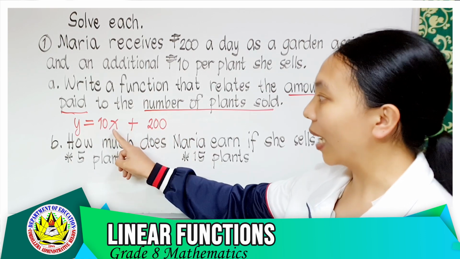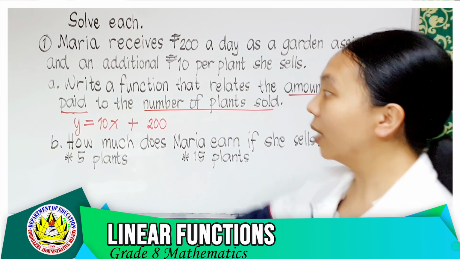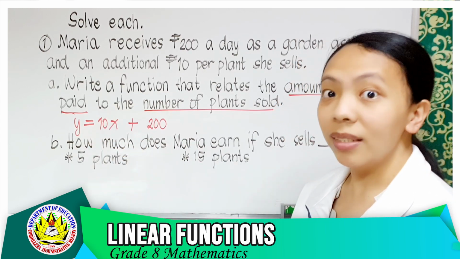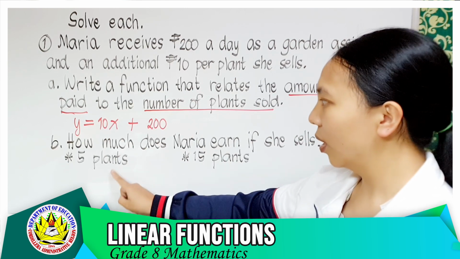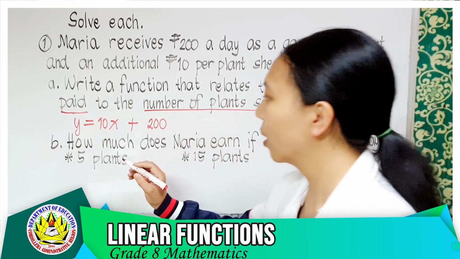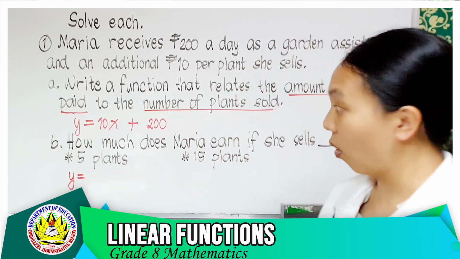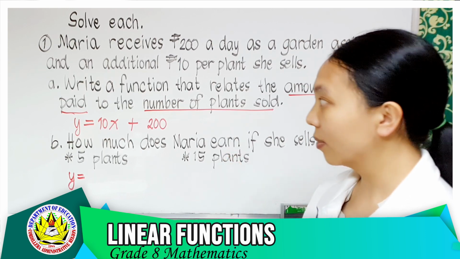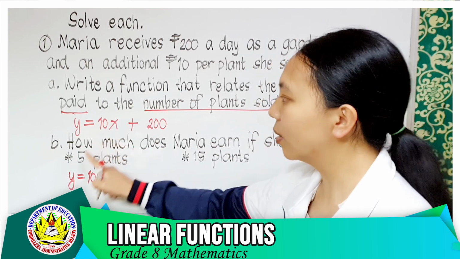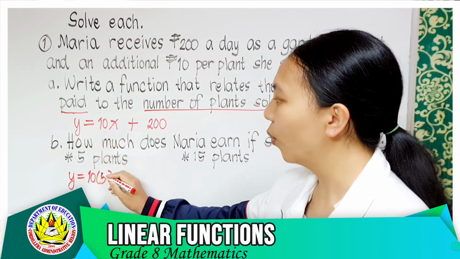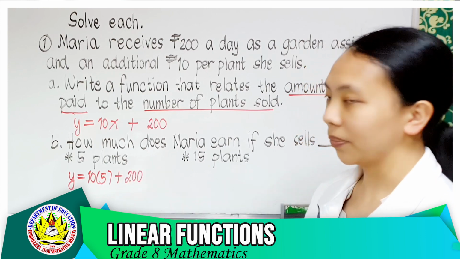Remember, x is the number of plants sold, while y is the total earnings of Maria. So, for this situation, y remains as is. That is what we are looking for, the earning. 10 times x will be substituted with 5. And then we add 200.